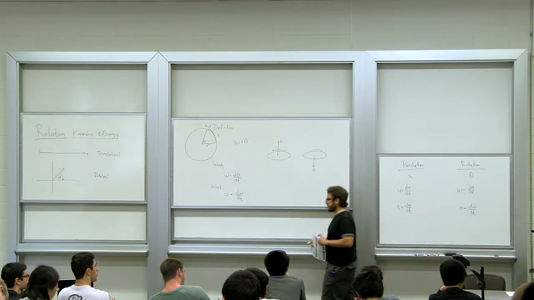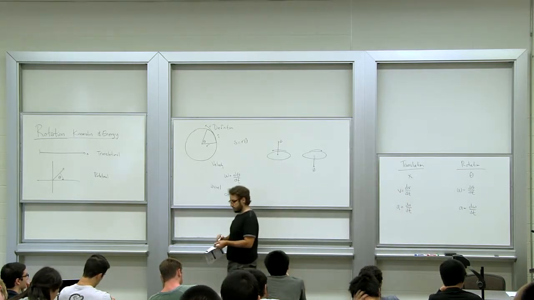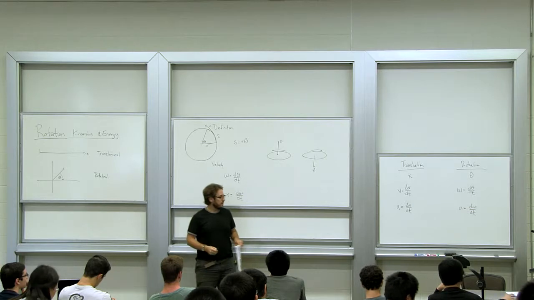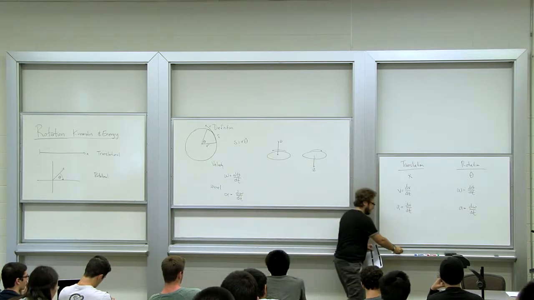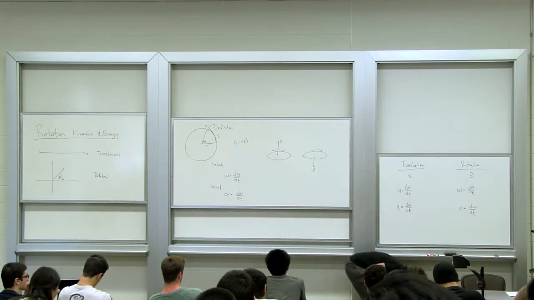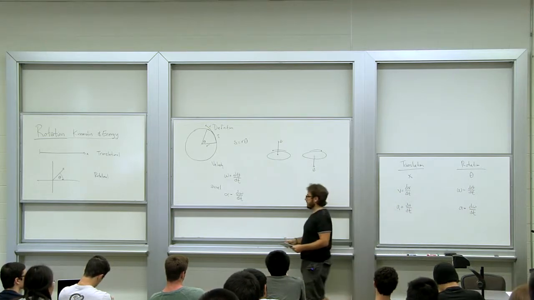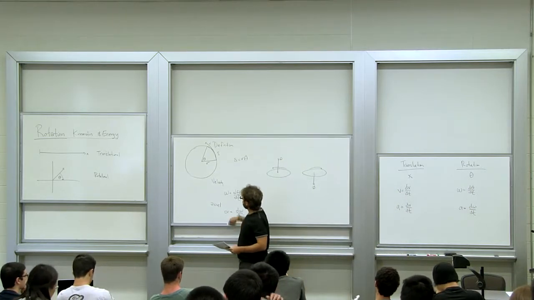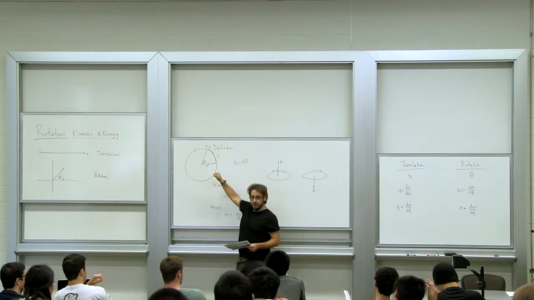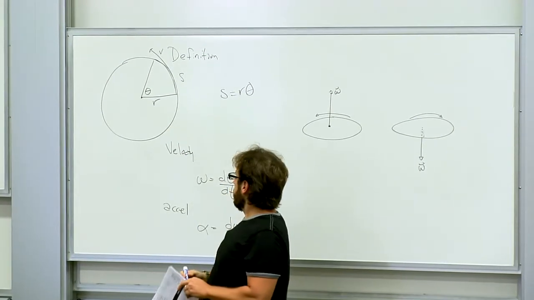Okay, and what do we do with the vectors for alpha? Pointing to the center? Well, for translational, if you're moving in a circle, then your translational acceleration, right, is towards the center. You're right. The radial acceleration towards the center.